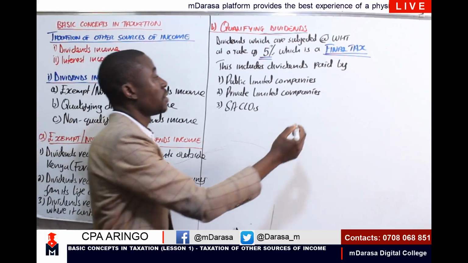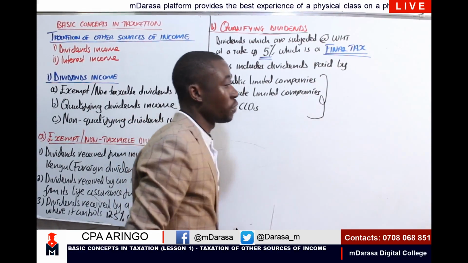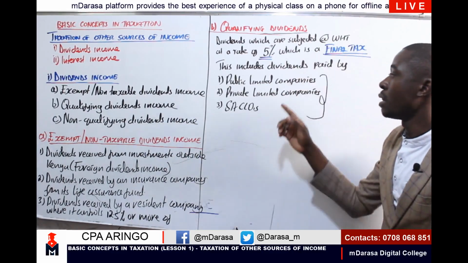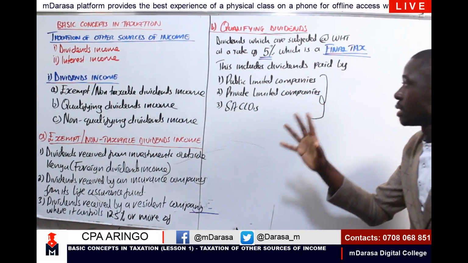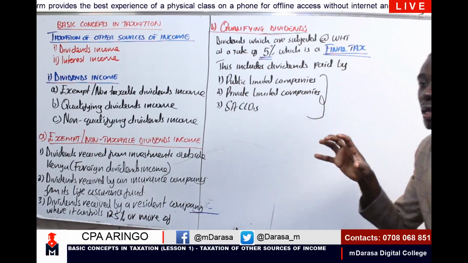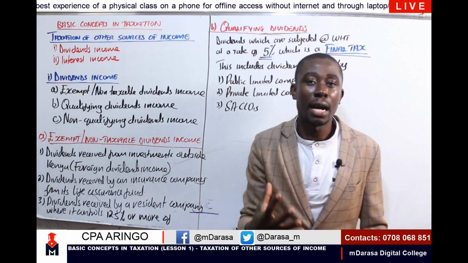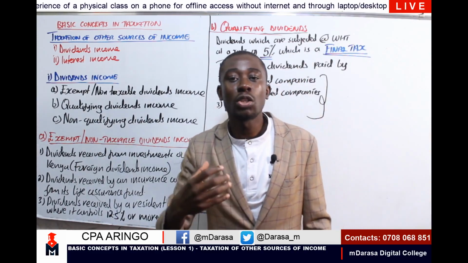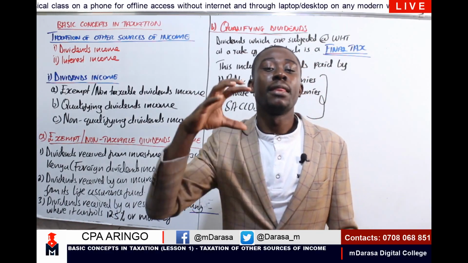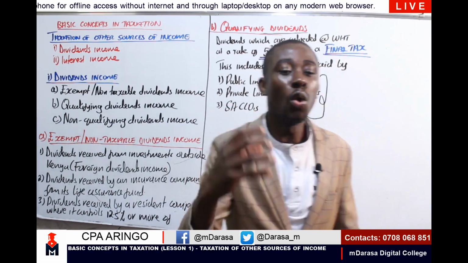So at any given point, whenever you come across dividends that are paid by the following parties, that is public and private limited companies as well as SACCOs, these dividends will basically attract a component of tax which is 5%, and that will be the only component of tax, withholding tax.